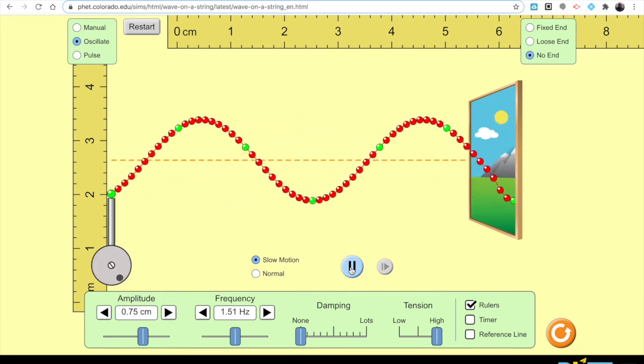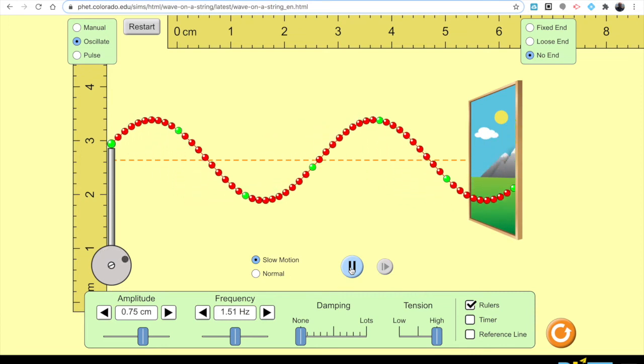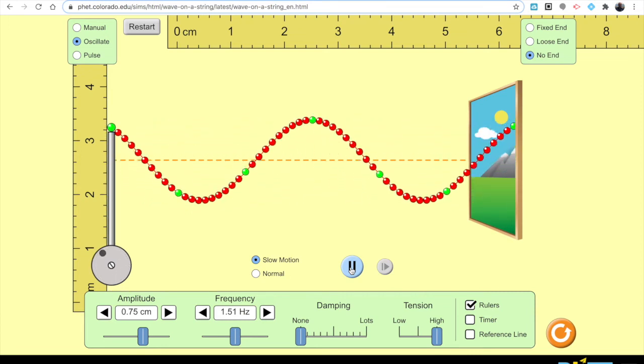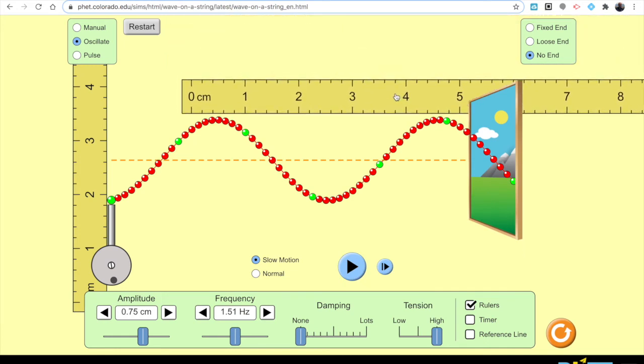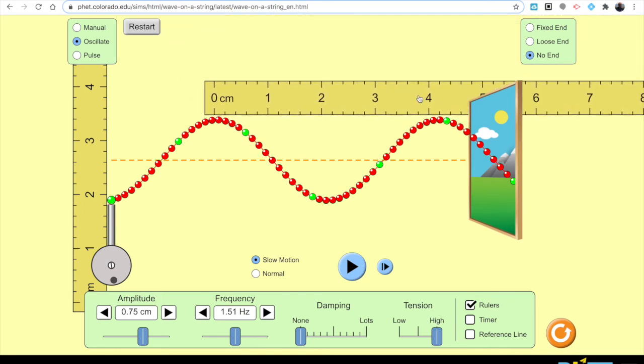Let it go for a minute. We're going to pause right now. And then we're going to get the length again. And look, we cut the frequency by about half, and then the wavelength basically doubled. Okay?